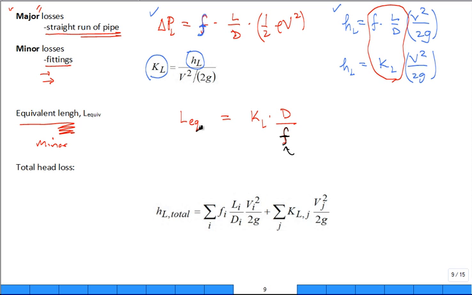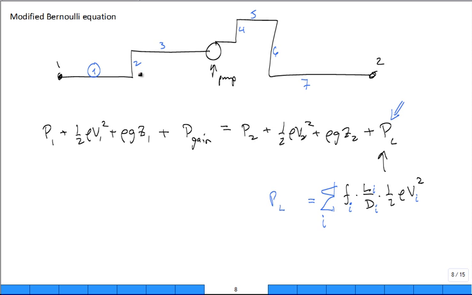Okay, so now we have the total head loss to modify the Bernoulli equation. What does this look like? The sum of all the straight runs, all the major losses. This is the sum of all the minor losses, any valves and stuff. So if I go back to this problem, maybe I had a 90-degree elbow, another 90, another 90, another 90.